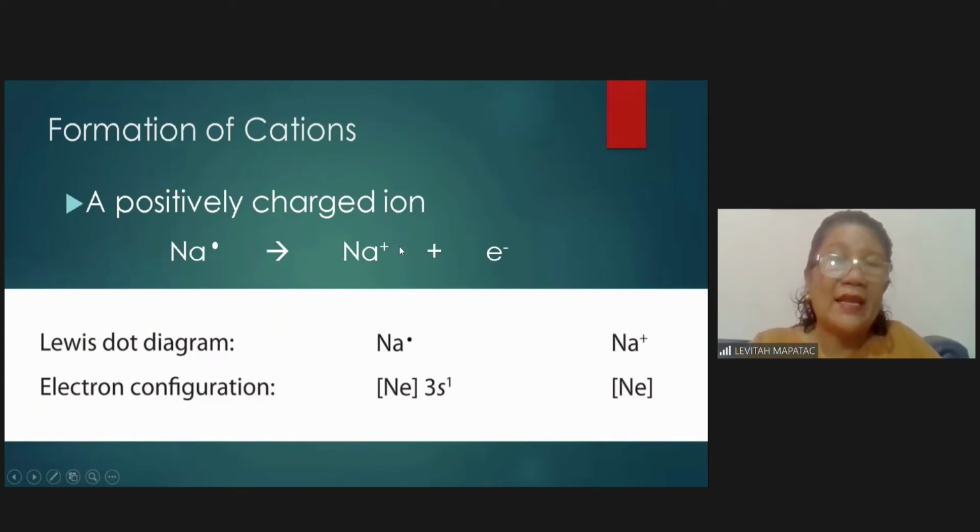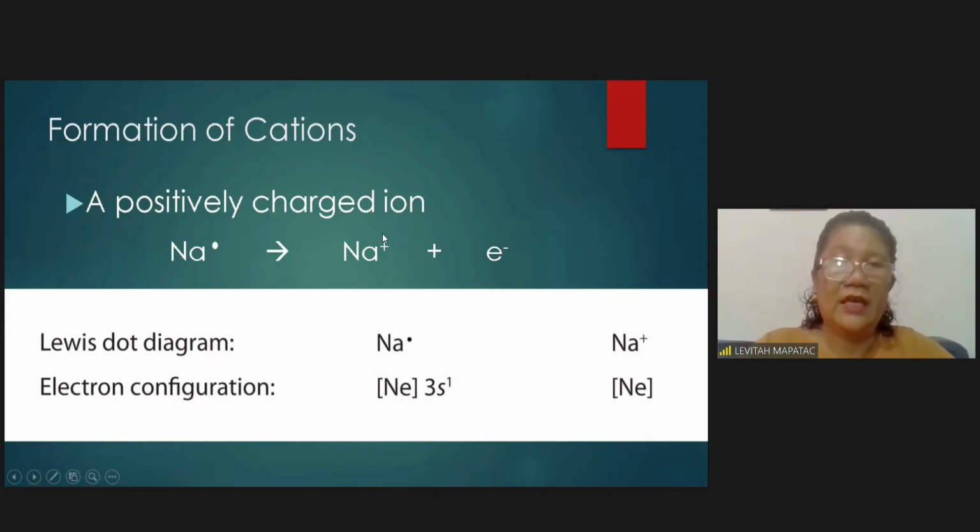So your sodium loses 1 electron. Once it loses it, it will have a positive charge ion. So therefore your Lewis dot diagram for sodium is Na+. Because its outermost shell is 1 electron.